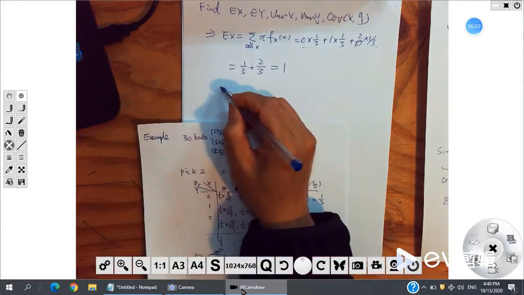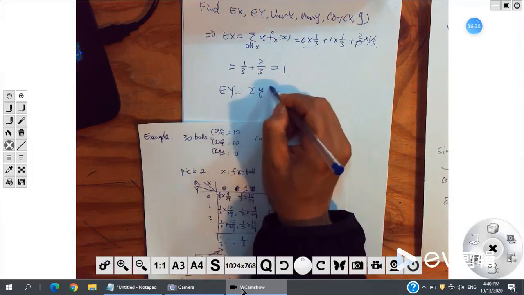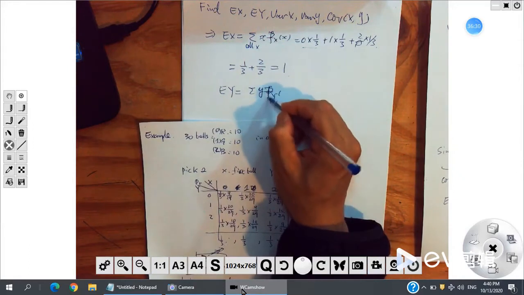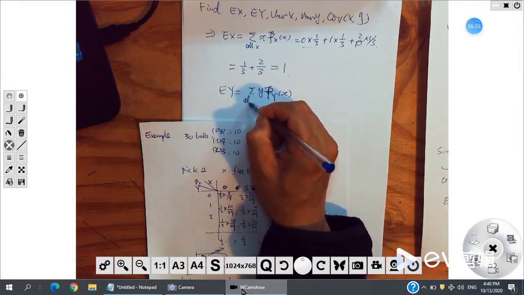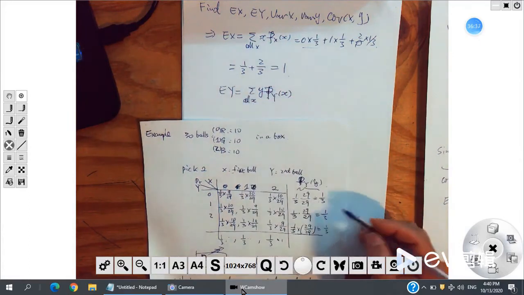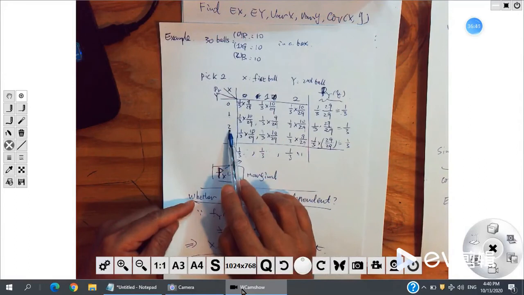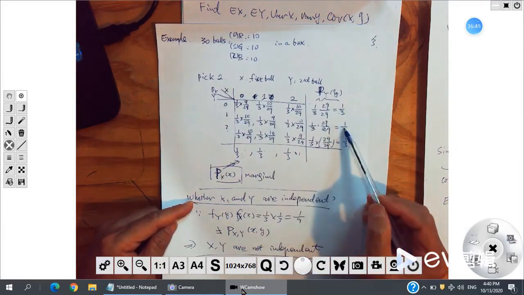And EY will be similar. It will be y times Py of y. Y could have value 0, 1, and 2, and the probability of each number is still 1/3, 1/3, 1/3.